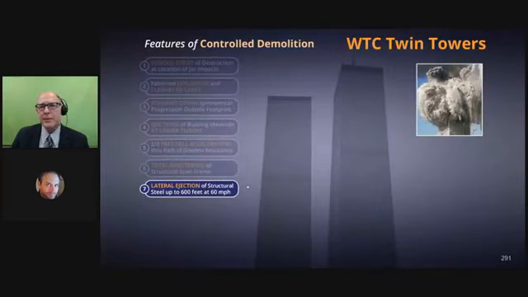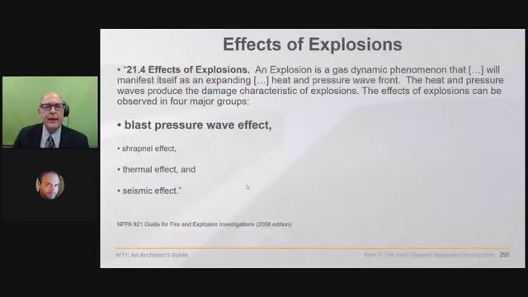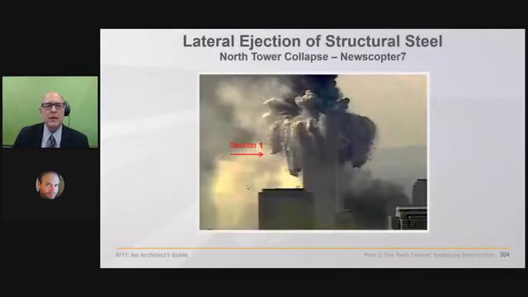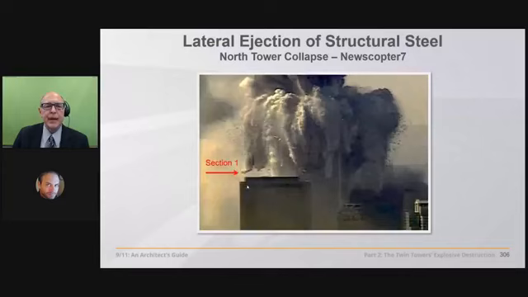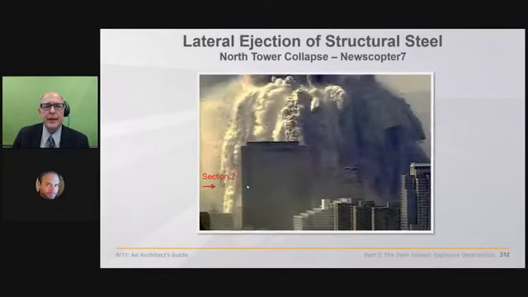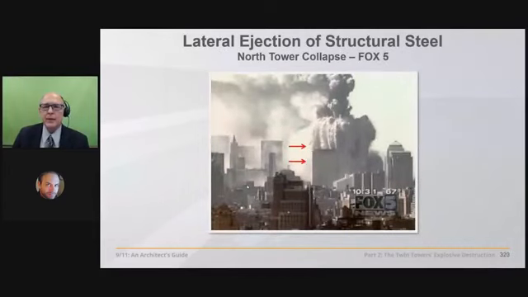Feature number 7 is their lateral ejection. Let's go back to the National Fire Protection Guide and see if there are additional effects of explosions. Blast pressure wave effects. Heavy structural steel pieces freely flying. Yes, freely flying 300 to 600 feet in every direction away from the World Trade Center towers.